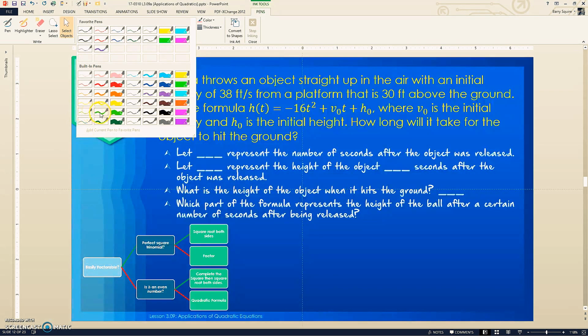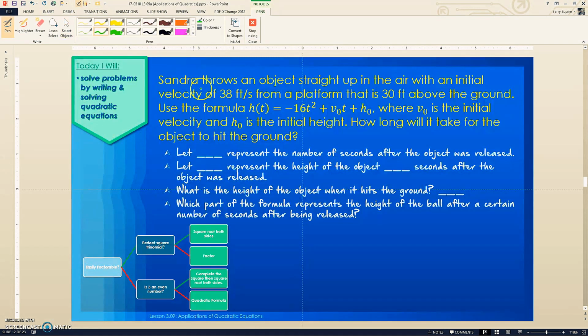So let's say our friend Sandra throws an object straight up in the air, and she has an initial velocity of 38 feet per second from a platform that is 30 feet above the ground.